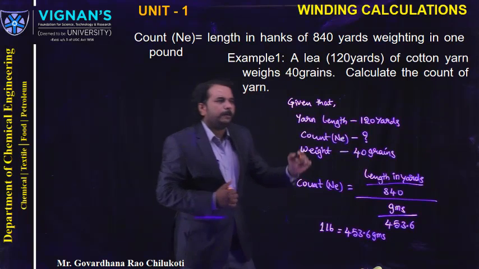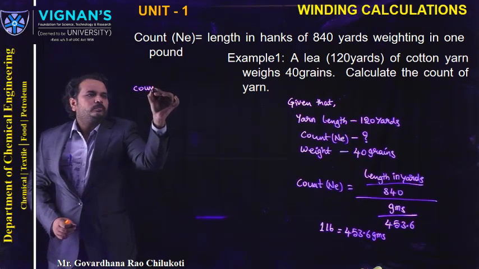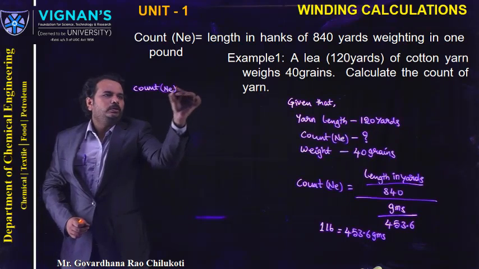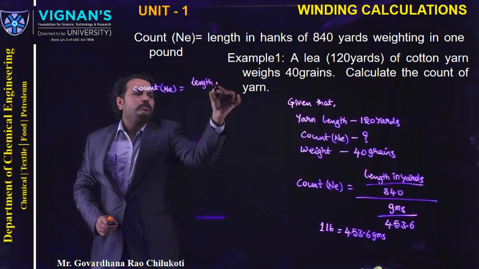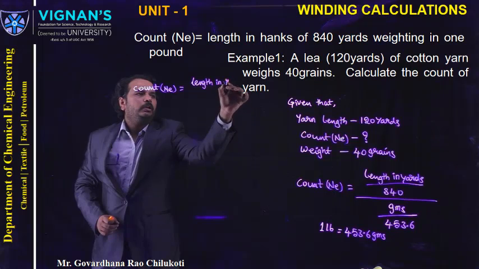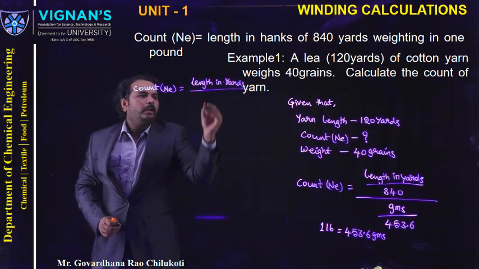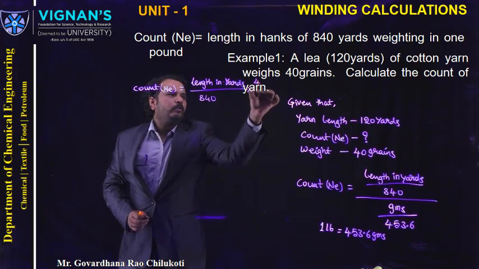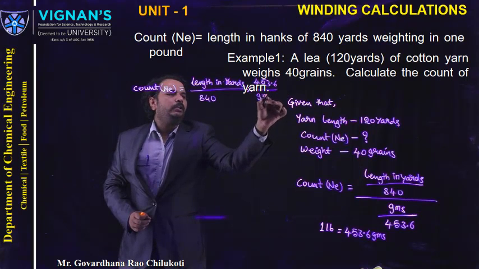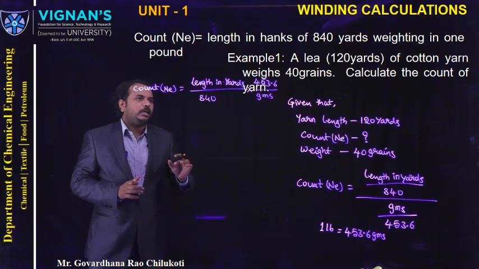Count NE is equal to length of yarn in yards divided by 840, multiplied by 453.6 divided by weight in grams. So this is the simple formula.